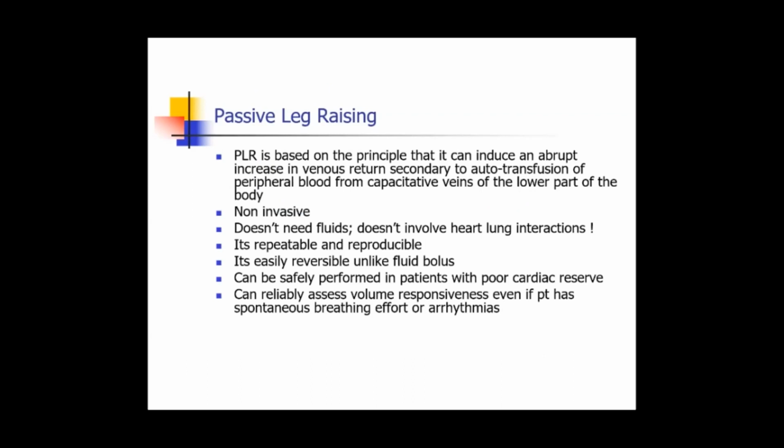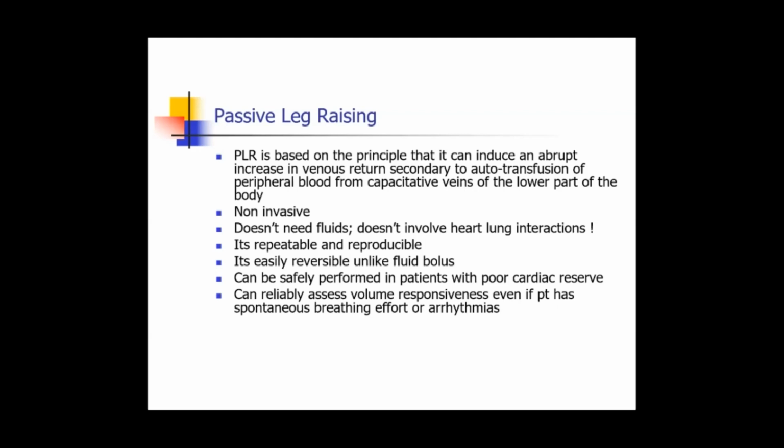Very clear, remember this point, the auto transfusion of peripheral blood from the capacitative veins of the lower part of the body. Remember, it is non-invasive, it doesn't need fluids, it doesn't involve heart-lung interactions, it is repeatable and reproducible, it is easily reversible unlike fluid bolus, it can be safely performed in patients with poor cardiac rhythm, it can reliably assess volume responsiveness even if the patient has spontaneous breathing effort or arrhythmias.